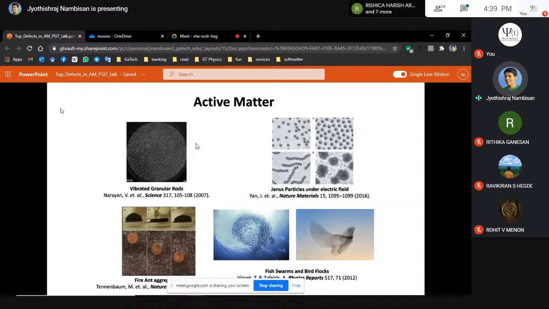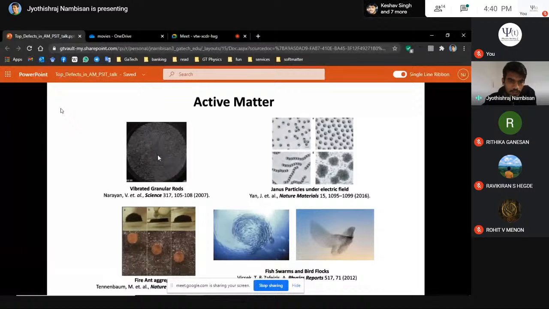Some of the examples of active matter systems which have been studied in the past 10 to 20 years: you have these systems of granular rods. You can imagine these as like the individual liquid crystal molecules when they are vibrated in a closed container. Each of these is a random walker, so they have a persistence length, but when you look at the collective dynamics of these things, they exhibit something known as giant number fluctuations and density fluctuations.